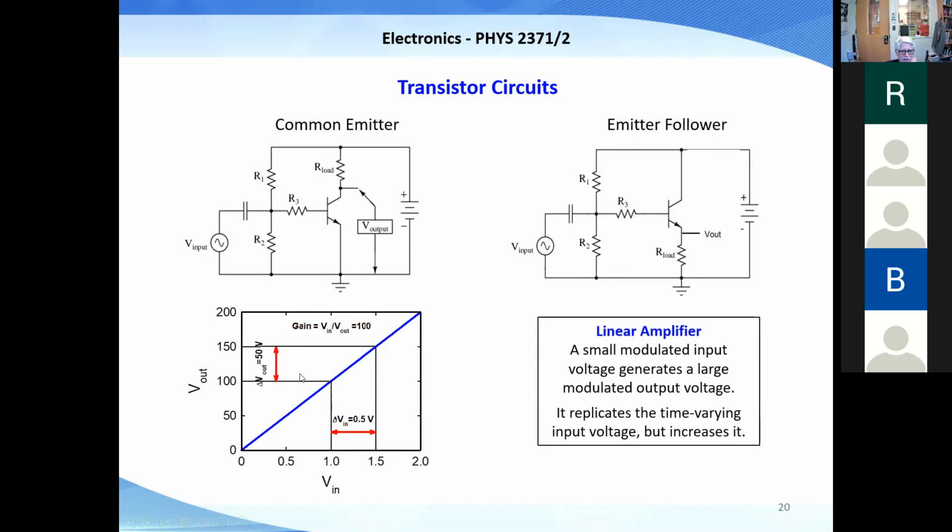So you want a linear amplifier such that a small voltage change in the input makes a larger voltage change in the output. So here they have a gain of 100, that a half a volt change here gives you 50 volt change there.